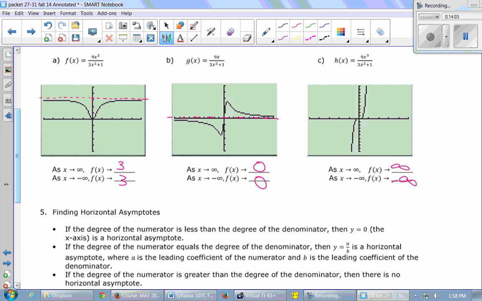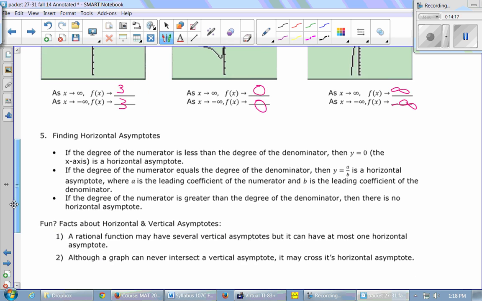The degree in the numerator is the first degree, it's just a line, and the degree in the denominator is a 2. So for B, I have a horizontal asymptote at the line y equals 0. Anytime the degree of the numerator is less than the degree of the denominator, y equals 0, the x-axis, is your horizontal asymptote, just like in part B here.